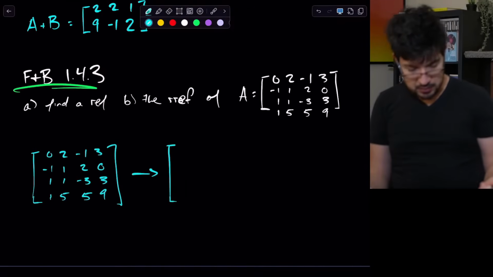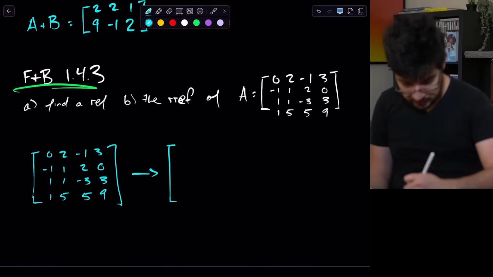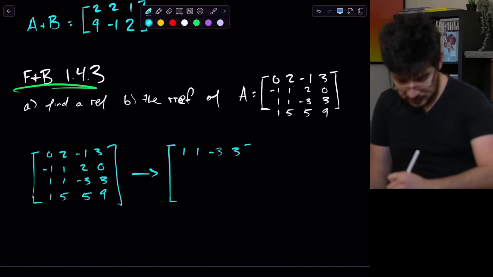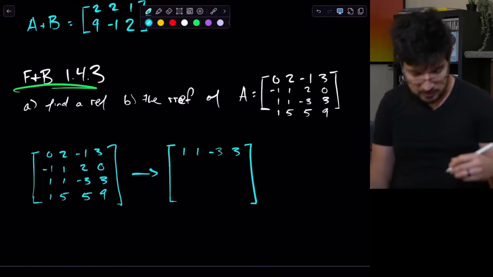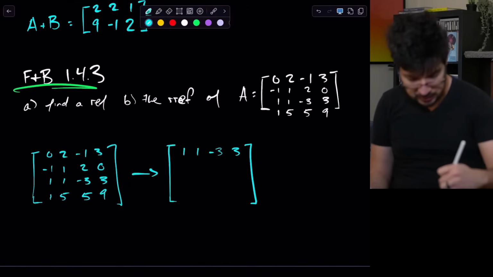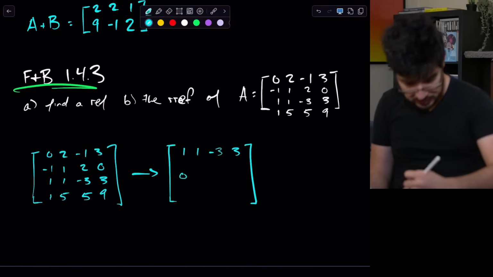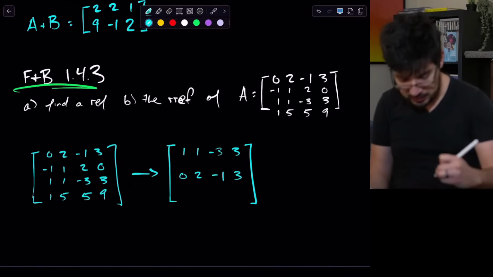I think the easiest row to work with is 1, 1, -3, 3 in the top row, so I'm swapping that one and the first row. 0, 2, -1, 3.